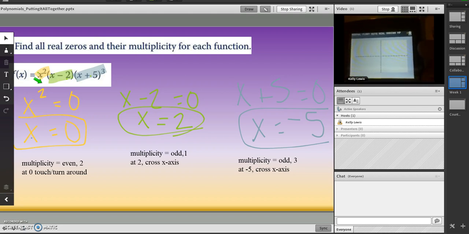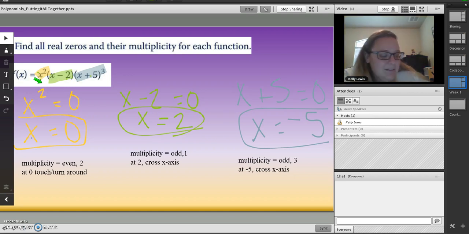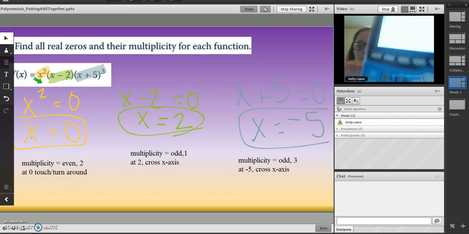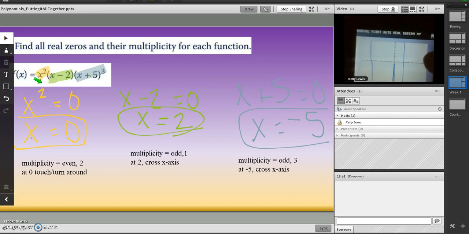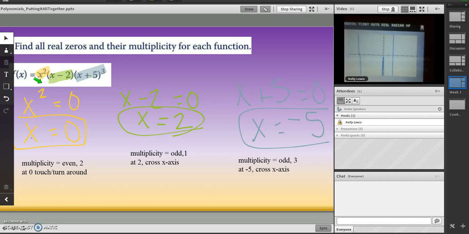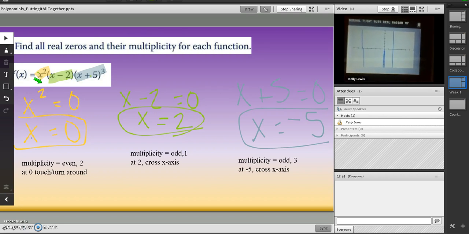Now let's watch what happens. Okay, I'm going to zoom in a little closer so you can see it. All right, notice at negative 5, it crosses. At 2, it crosses. And at 0, it touches and turns around.